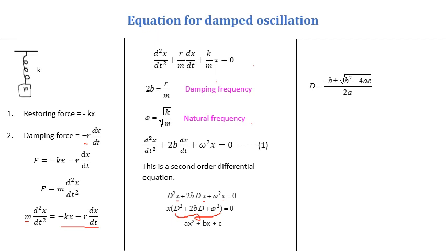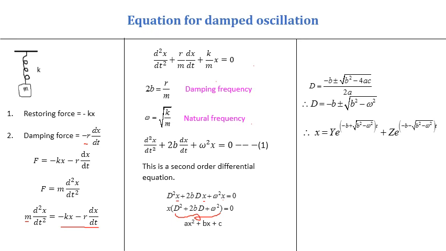Now let us substitute the values and find the value of D. From this expression it is clear that the value of a is 1, the value of b is 2b, and the value of c is omega square. So if we substitute the values here, we will get D as minus b plus or minus square root of b square minus omega square.